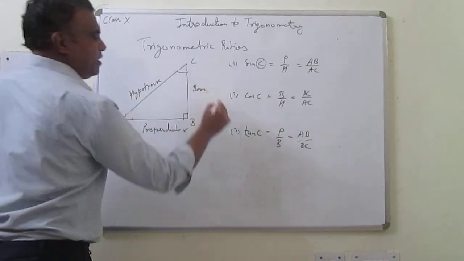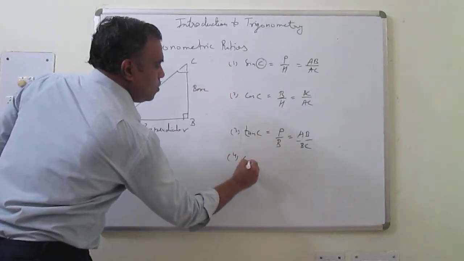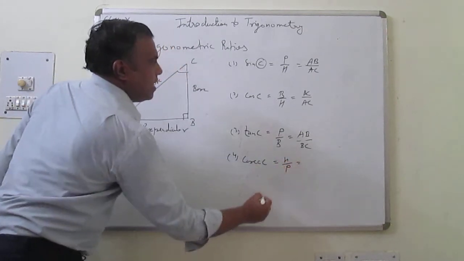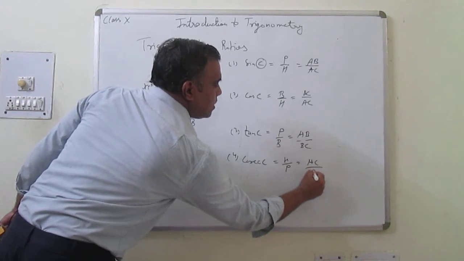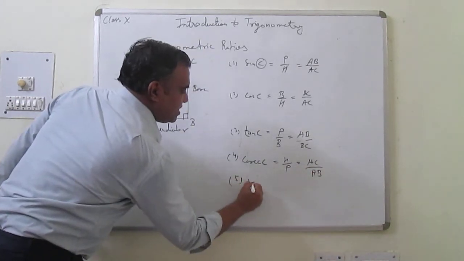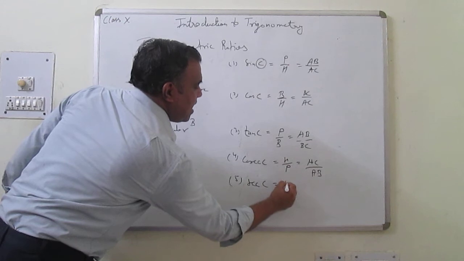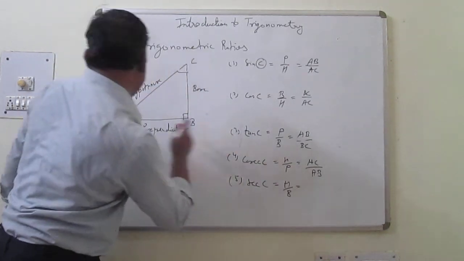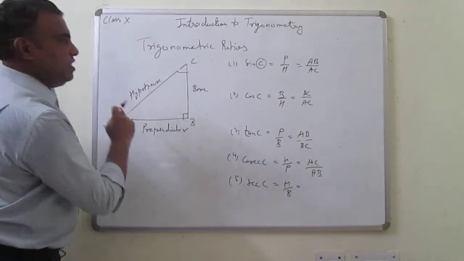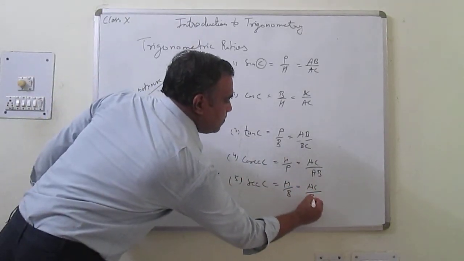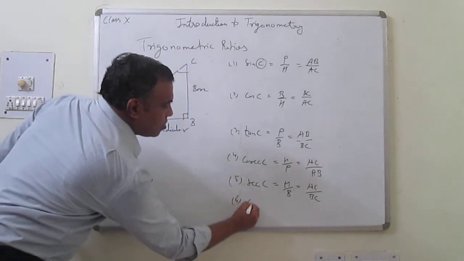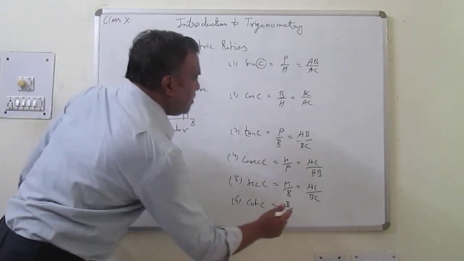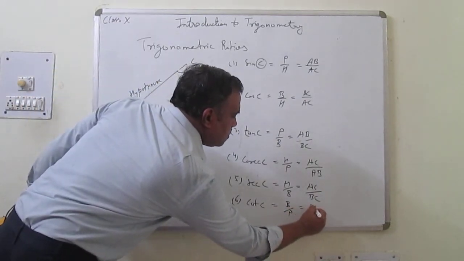Now reciprocate, you will get the values of cosec C. Cosec C is H upon P, AC upon AB. Sec C is H upon B, AC upon BC. Cot C is B upon P, BC upon AB.